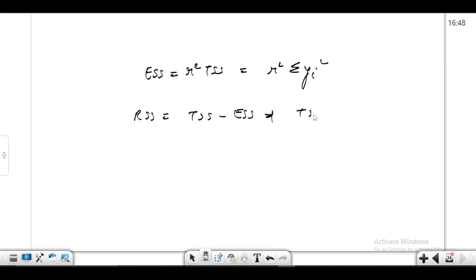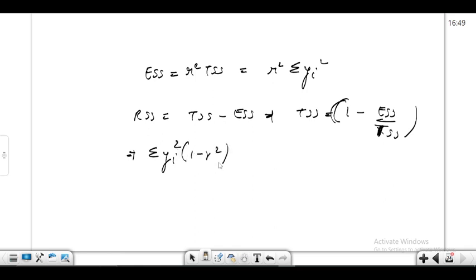This also can be written as TSS into 1 minus ESS upon TSS. These are just mathematical modifications. The purpose was to introduce the concept of R square, why it is important and what it actually means. These formulas might not be needed for you, but I thought I'd give them so that you don't feel something was left out.